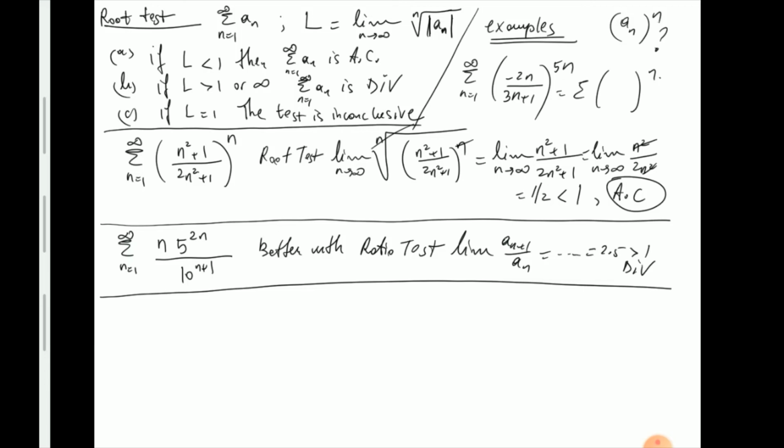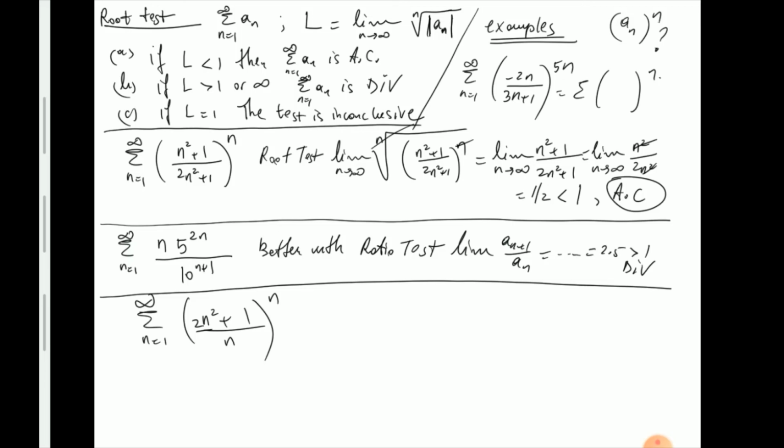Sometimes things are obvious by other tests. So for example, let's finish up with another quick example. Let's say I have the summation from 1 to infinity of ((2n^2+1) over n) to the power n.